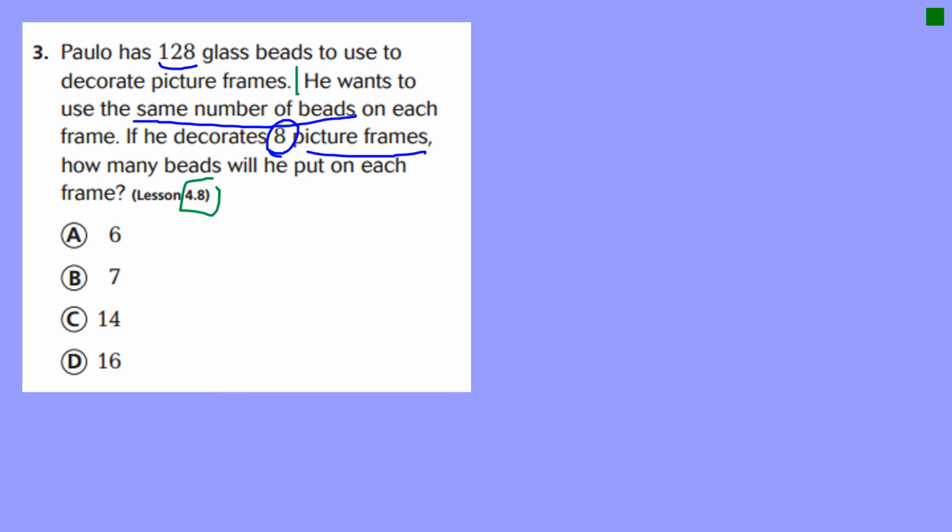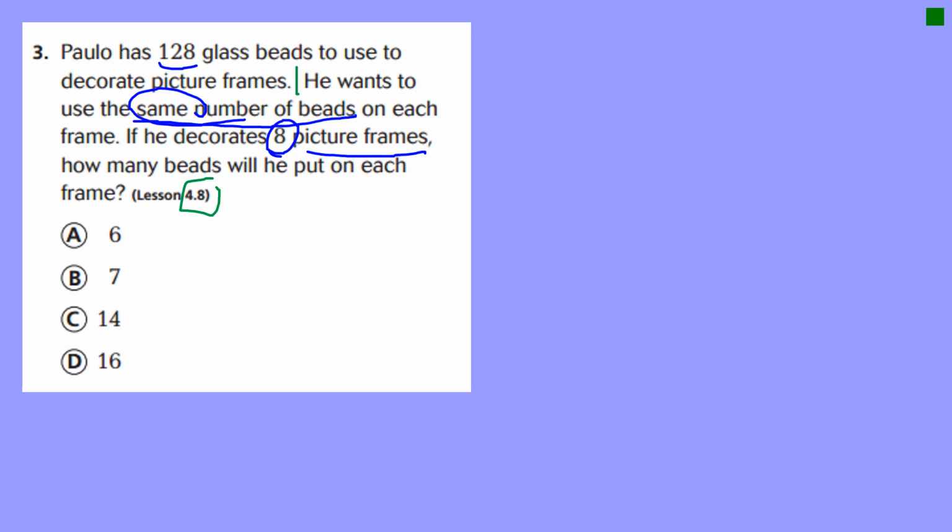So he has, I'm putting my arms out big, he has 128 beads, and he is putting an equal number on each frame, on each of 8 frames. So beads on the first frame, beads on the second frame, beads on the third frame, equal parts. What are we thinking? Which operation are we thinking, boys and girls?